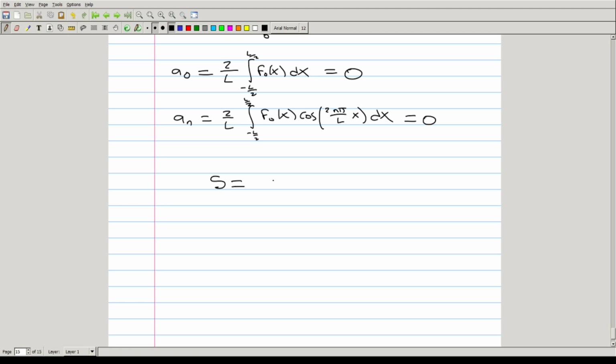So the Fourier sine series of the function f of x on the interval from 0 to c will be the sum from n equals 1 to infinity of Bn times sine of n pi over c times x.